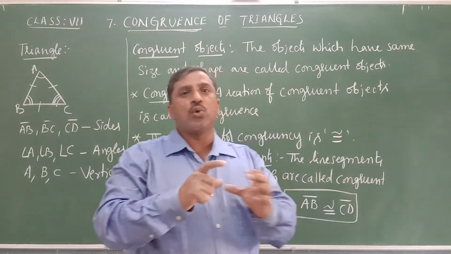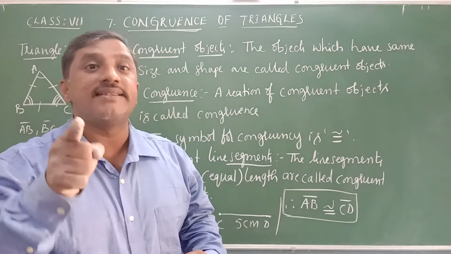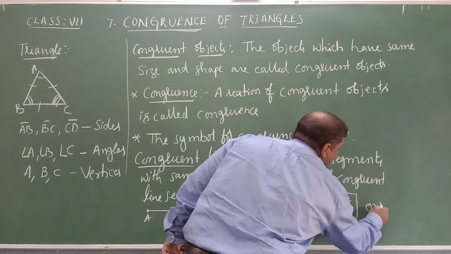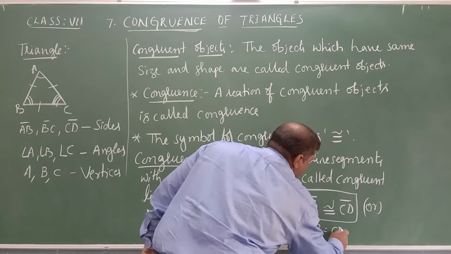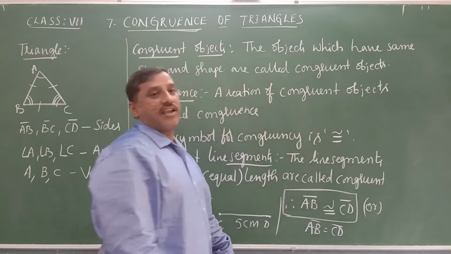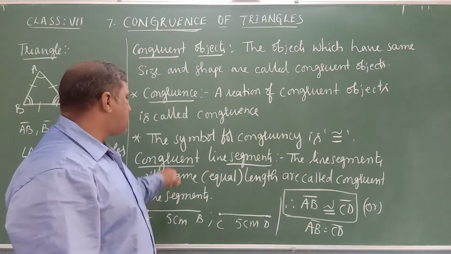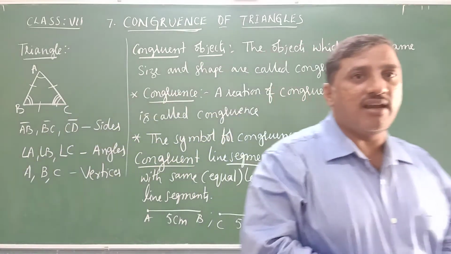So here the two line segments are congruent, what does it mean? Yes, their lengths are equal. So this we can also write as: length of AB is equal to length of CD. So we can say that two line segments are congruent if their lengths are equal or same.